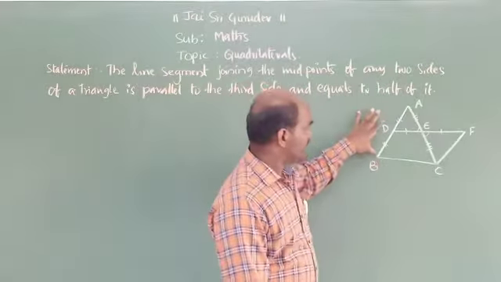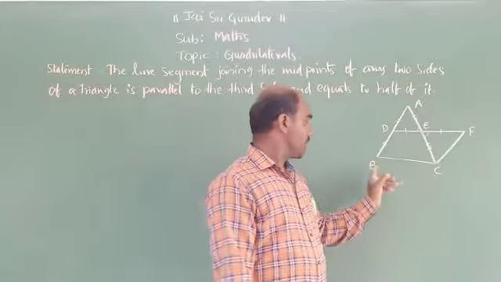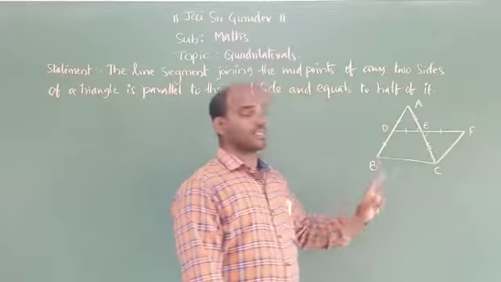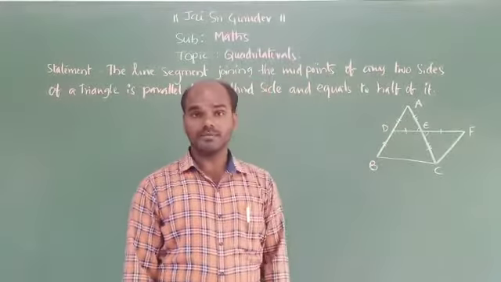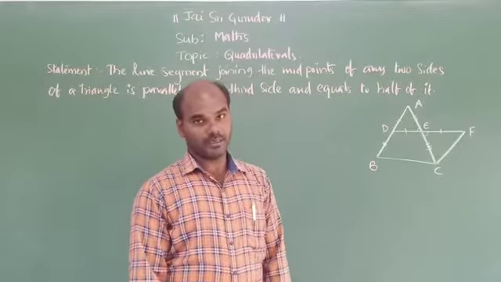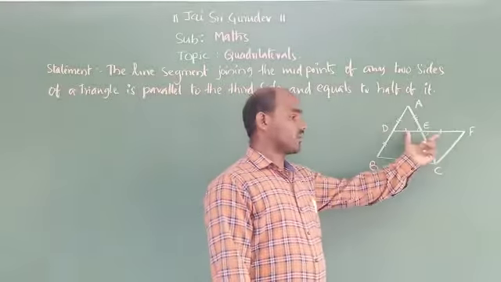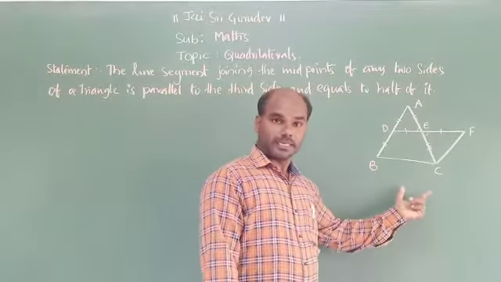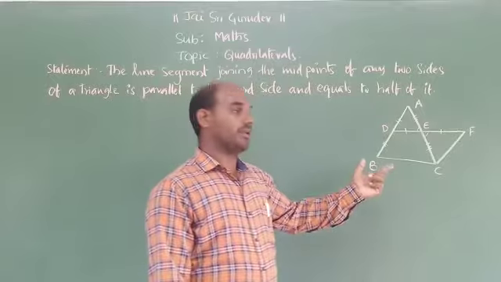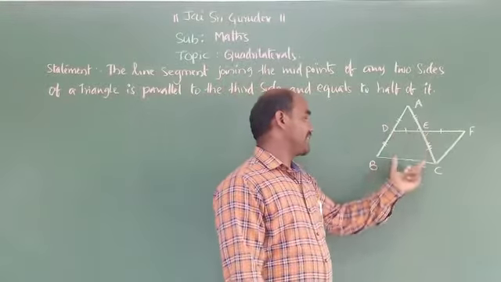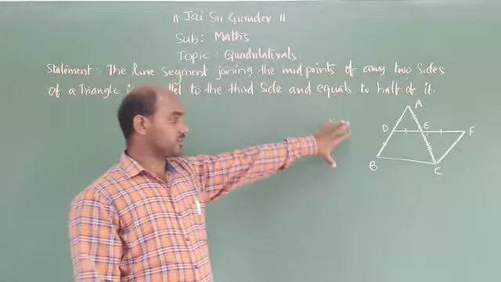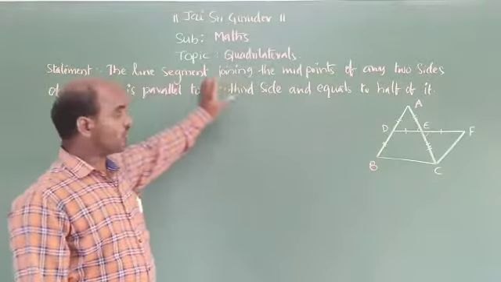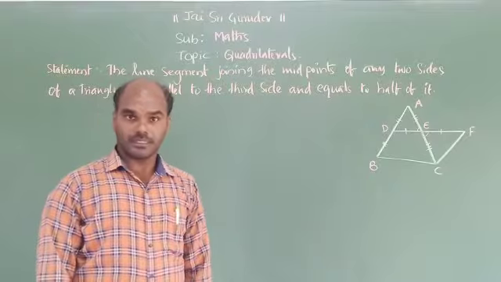Based on that we get that BCFD is a parallelogram. In a parallelogram, opposite sides are equal and parallel, children. So then we get DE length equal to half of BC. Yes, that is the process of the proof of the midpoint theorem.